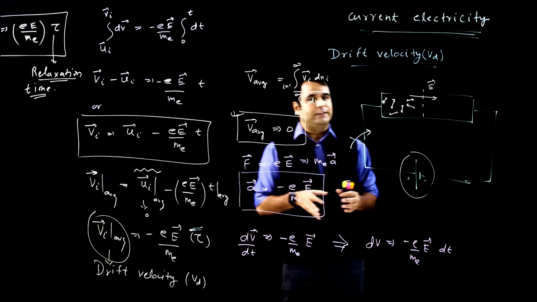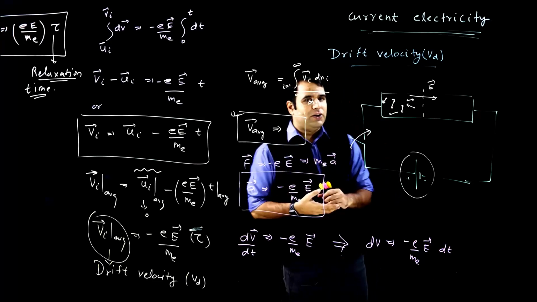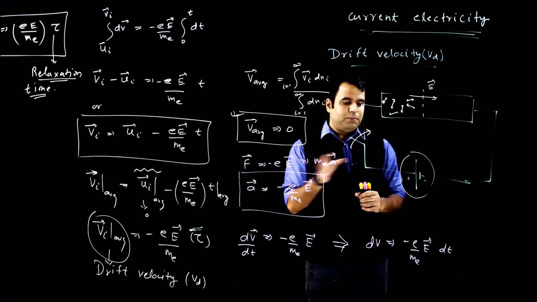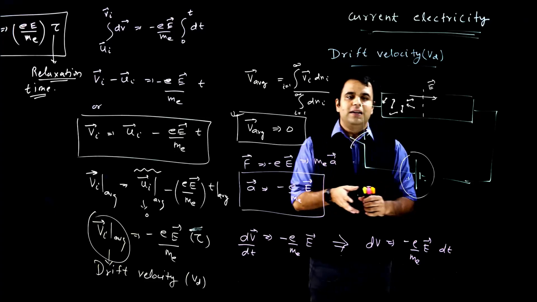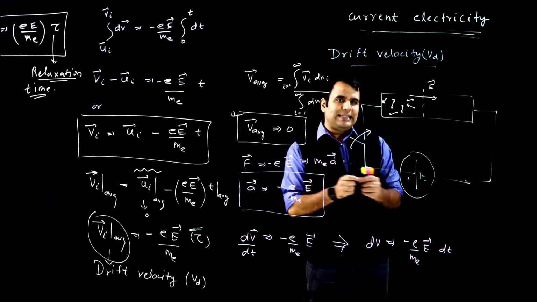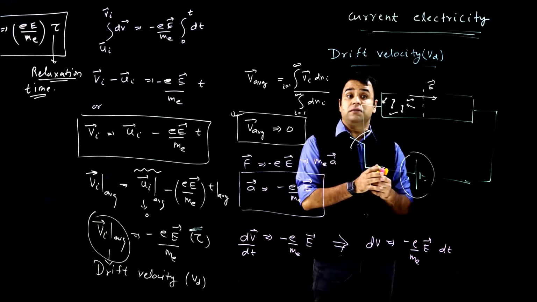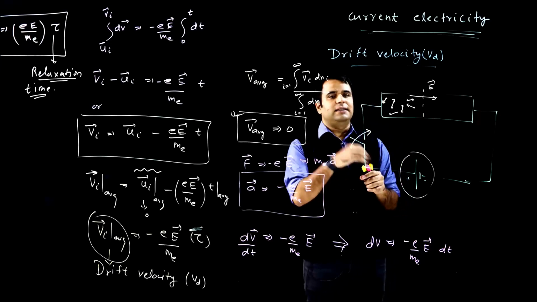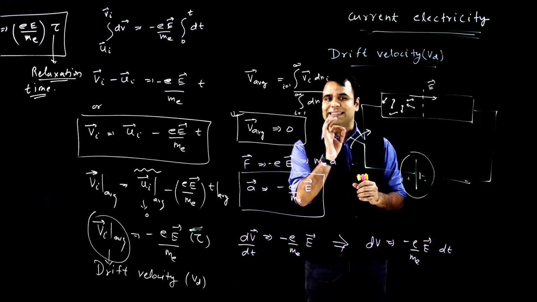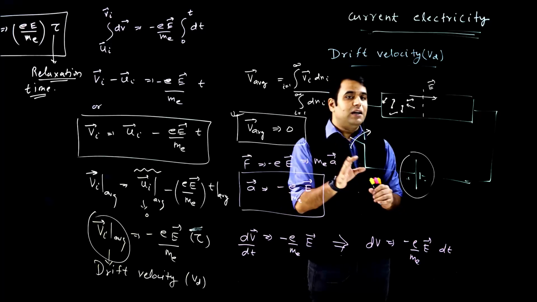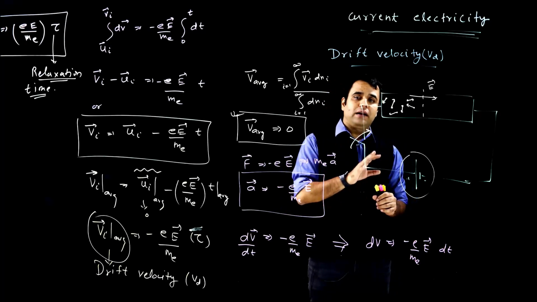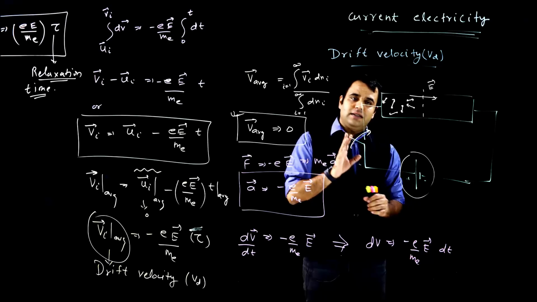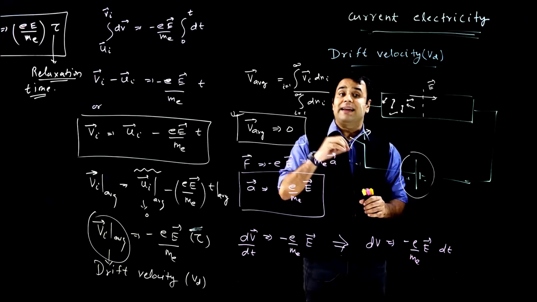Now, why is it very small? When you look at the electrons, they are moving very fast. But due to this electric field, their velocities slightly increase in the direction of force and slightly decrease in the opposite direction of force. It's a slight change which happened. But the random nature of motion of electrons does not stop. Electrons keep moving in random directions.